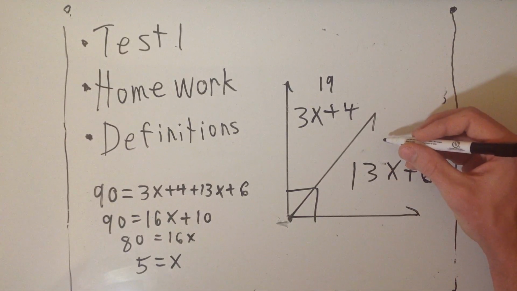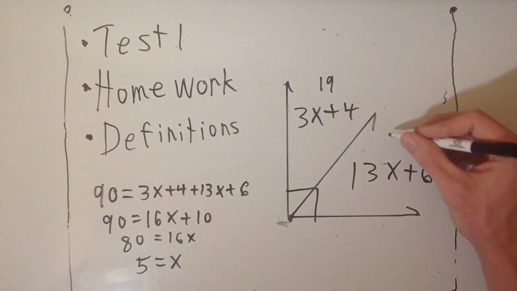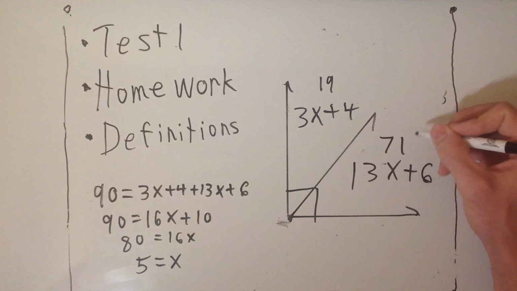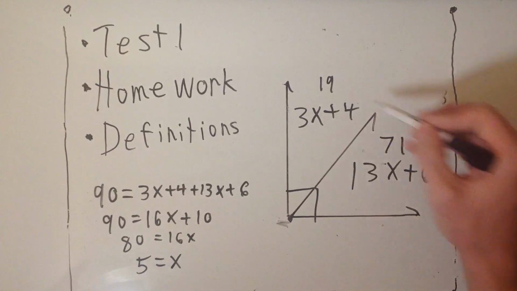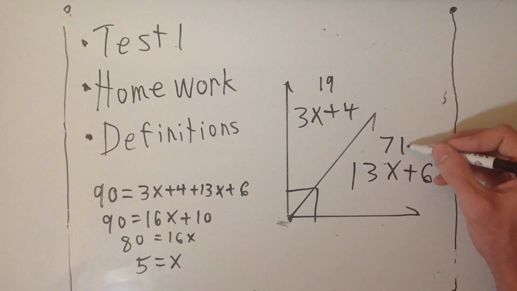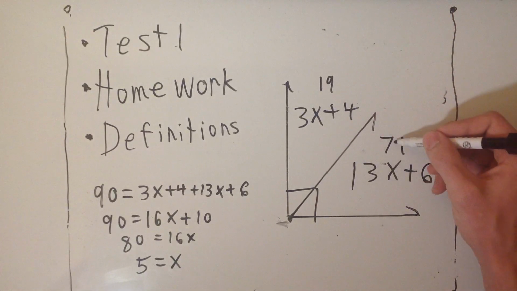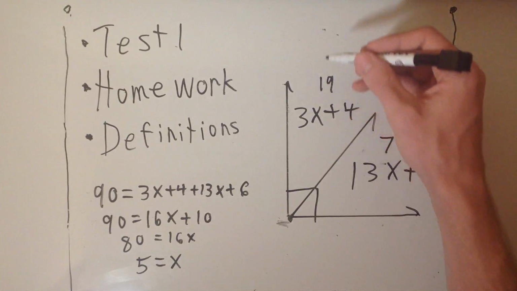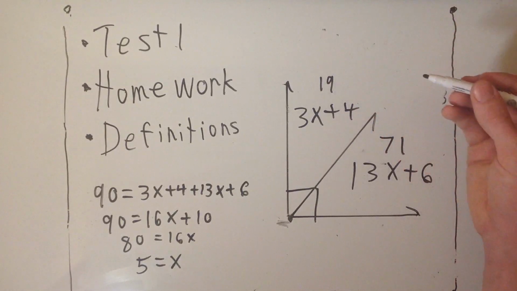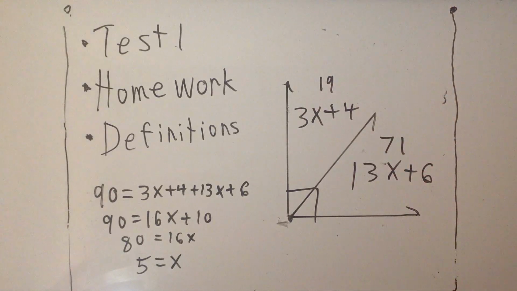We get 65 there. 65 plus 6 is 71. Let's add these two numbers together and see if they equal 90 degrees. 1 plus 9 is 10. We carry the 1. So we've got 7 plus 1 is 8, plus the 1 we carried is 9, and we get 90 degrees for the whole of that angle.